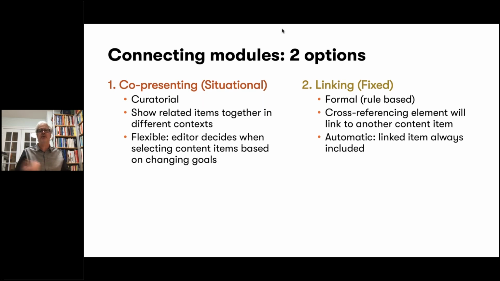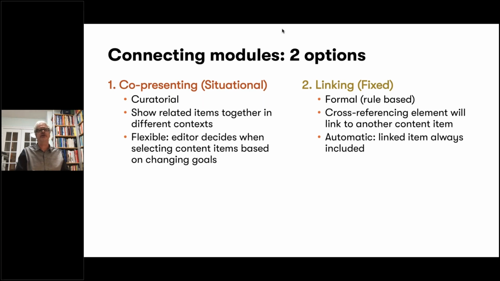The linked item will always be included. So it's very good in saving you effort if you always know you want to show certain items together, whereas the other is better if you're looking for a more flexible approach where you are going to be changing what you want to show together.